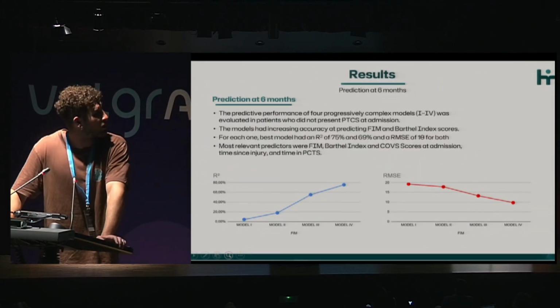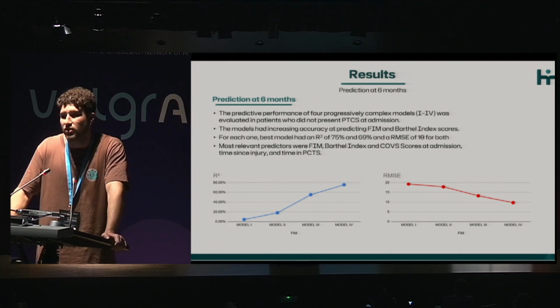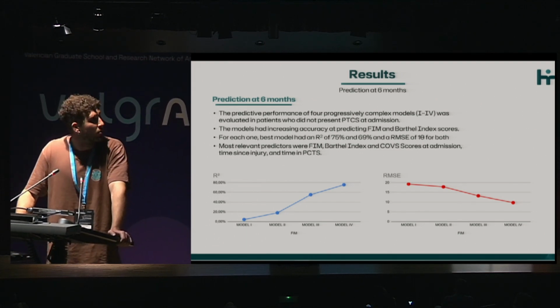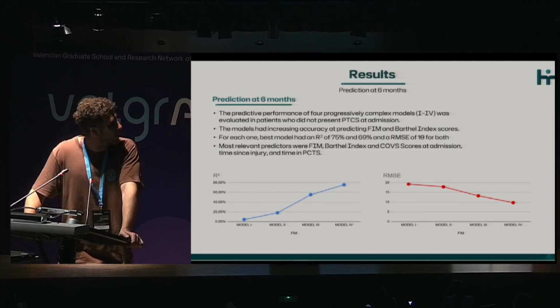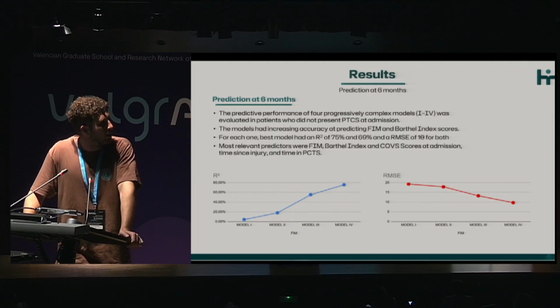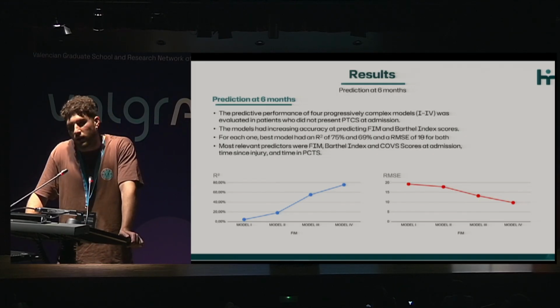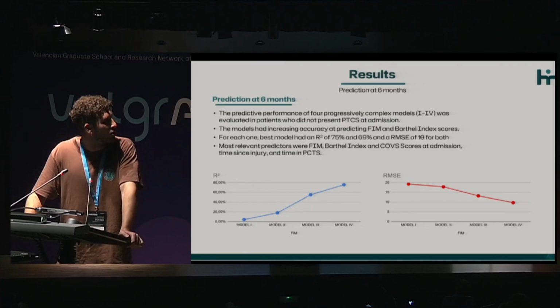So here are the results. At 6 months, we just trained, obviously, the first 4 models. And as we can see, all the model metrics are improving. The R-square is increasing, and the RMSE is doing the opposite.